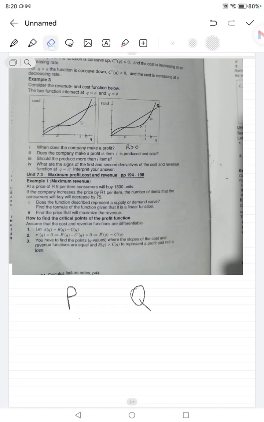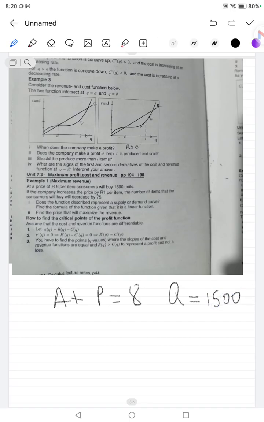Yeah, then let's just firstly relax and try to see, okay, what do we have. At P, we are given 8. Then at Q, we are given 1,500.